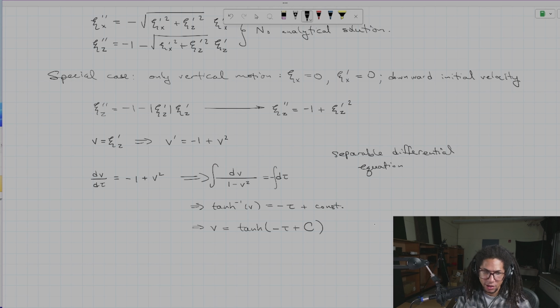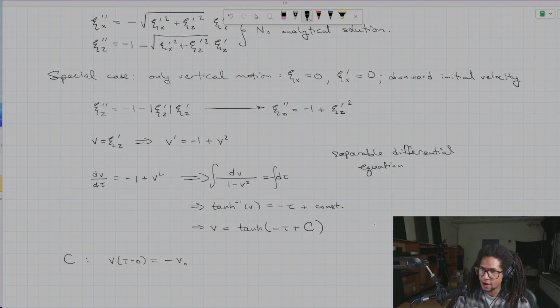Okay, now I can go ahead and solve for c using my initial condition. So c, I'm going to use the initial condition that v at tau equals 0 is going to be some fixed value. I said that I fired this object downward with some initial velocity. Now, to encode the fact that I'm doing this downward, I'm going to put a minus sign here, and then I'll call the initial speed v naught.